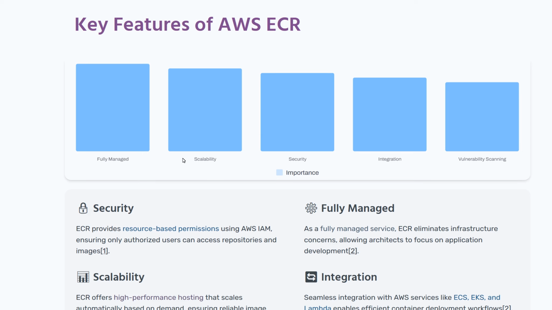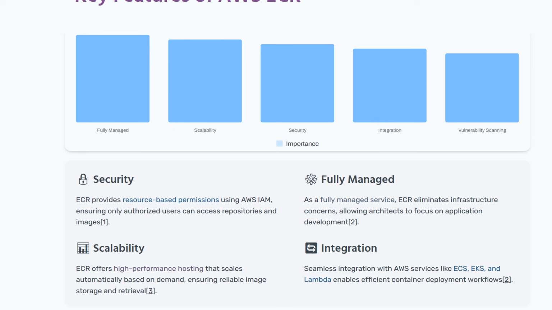Let's look into the container registry of AWS, right? So what are the features in here? Fully managed, with an importance of 95, and then you have 90% scalability, security 85, integration with other services 80%, and vulnerability scanning 75. Security: ECR provides resource-based permissions using AWS IAM.